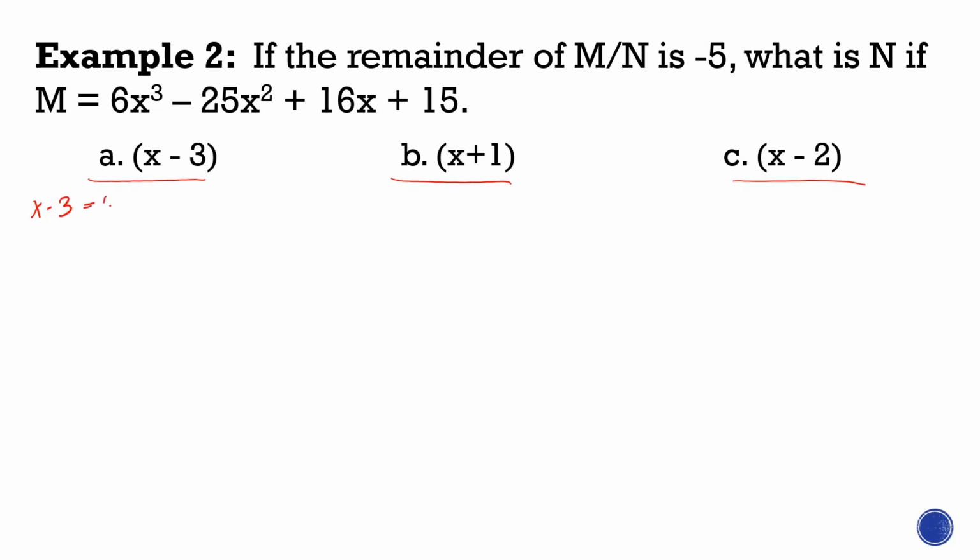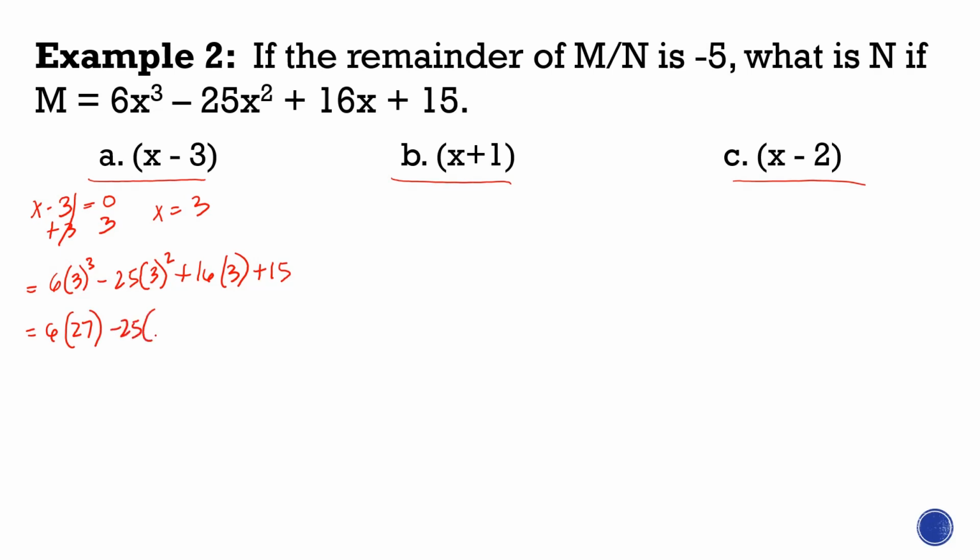X minus 3 is equal to 0. Therefore, x equals 3. And then I will replace all the x's by positive 3. So 6 times 3 cubed minus 25 times 3 squared plus 16 times 3 plus 15. This is 6 times 27, because 3 raised to 3 is 27, 3 times 3 times 3. 25 times 9, plus 48, plus 15.